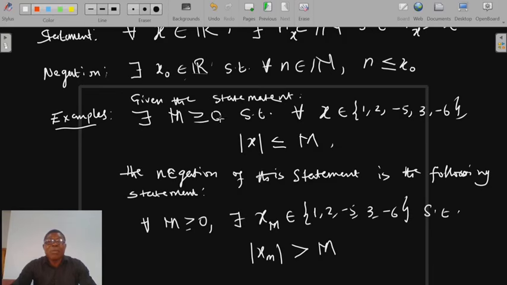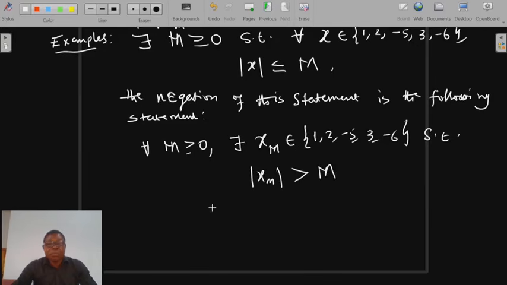Here, there exists m greater or equal to 0 comes before for all x here, and by our rule, what follows for all does not depend on what follows there exists, because there exists comes before for all. But in this case, for all m greater or equal to 0, this for all comes before there exists. So whatever follows there exists must depend on what follows for all. And thus we have the following statement. This statement is the negation of the other statement.